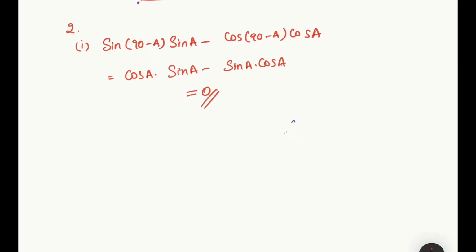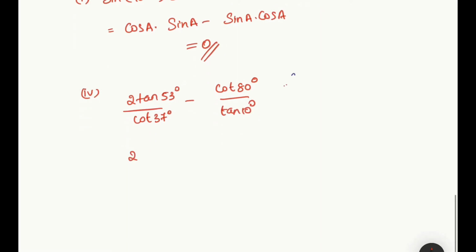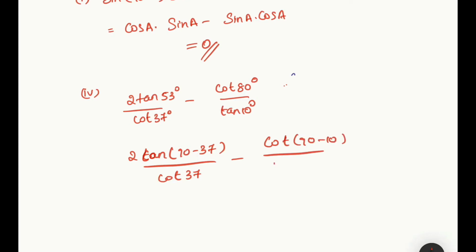Now coming to the fourth sub question. 2 tan 53 degree by cot 37 degree minus cot 80 degree by tan 10 degree. 2 times, this can be written as tan(90 minus 37) by cot 37 minus cot(90 minus 10) by tan 10.